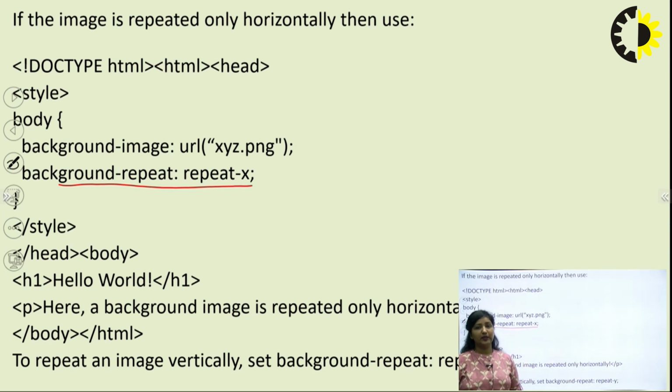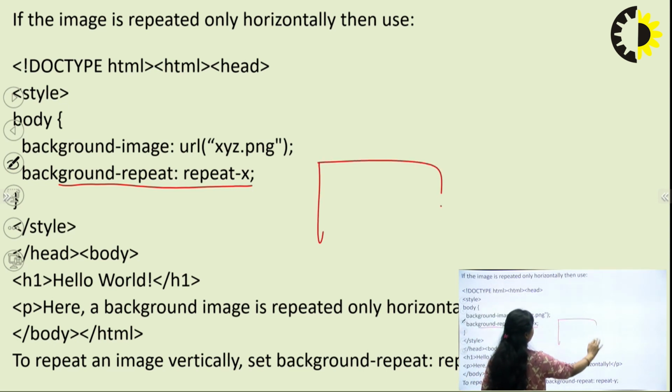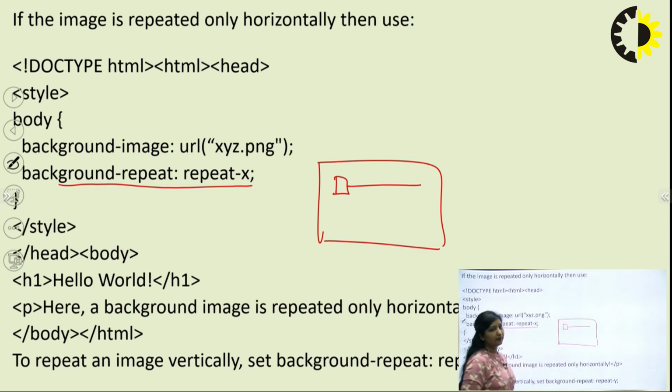If I want to repeat the images in a horizontal manner, like I have a background web page like this, and I want this image to be repeated horizontally, what do I have to do? I just have to write the URL of the image where the image is located. Along with this, one more attribute will be used, background-repeat, and that is repeat-x. By this x, the image will be repeated horizontally only.